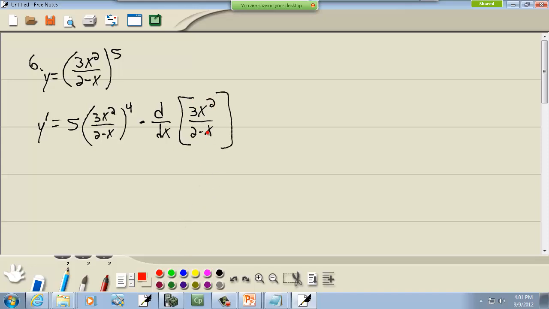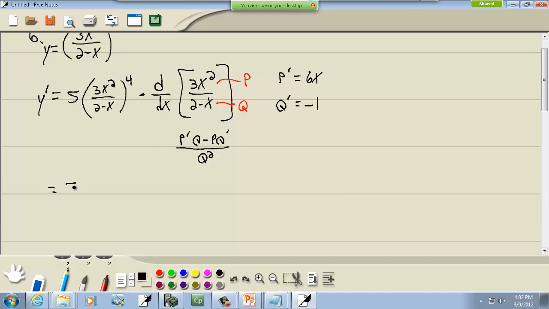Well, if I look at what's inside parentheses here, this is the quotient rule. This would be P, and this would be Q. So I need P prime. P prime would be 6x. I need Q prime, which would be negative 1. So the formula is P prime Q minus P Q prime over Q squared.